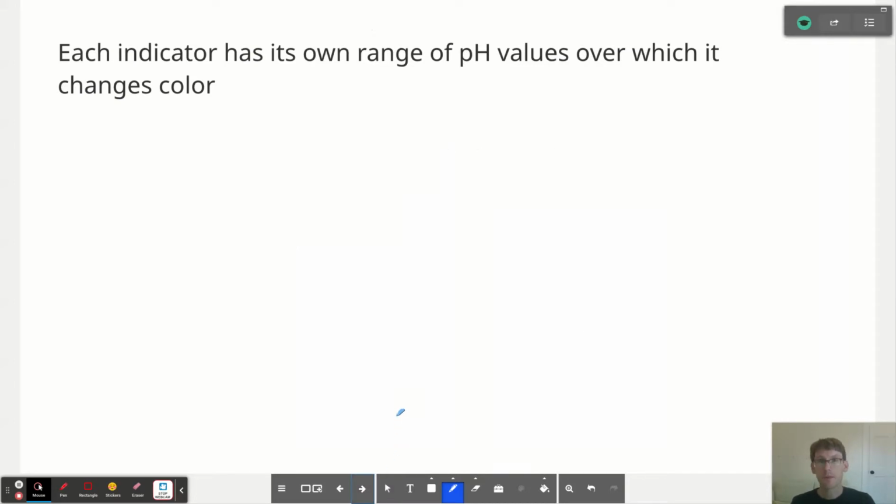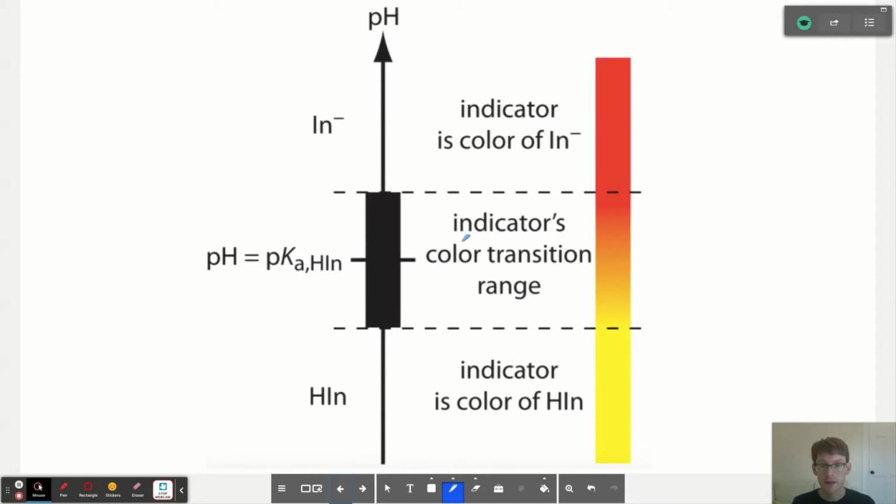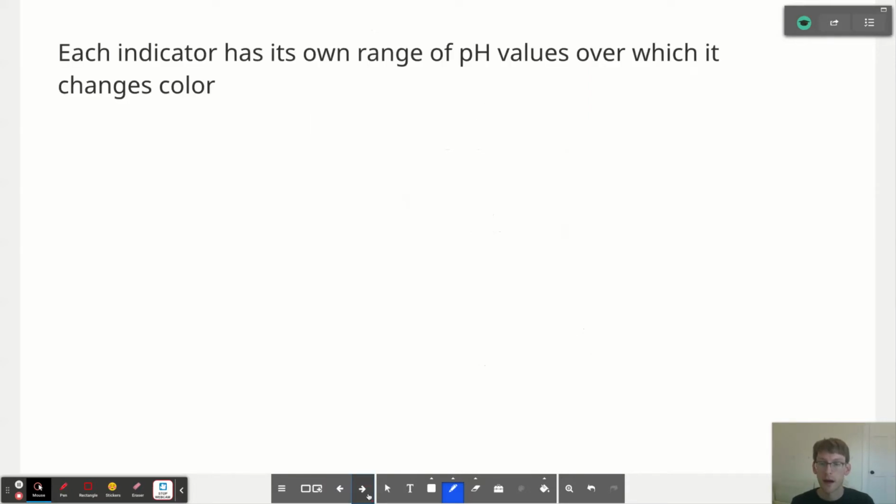Now, a really important factor is that every indicator has a range of pH values over which that transition will occur. This could happen at a lot of different pH values. It depends on what the indicator is.